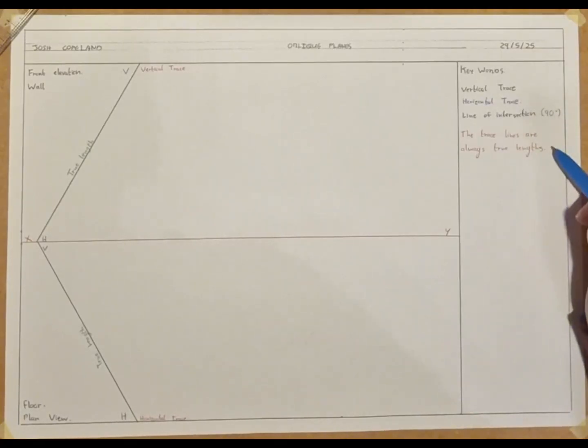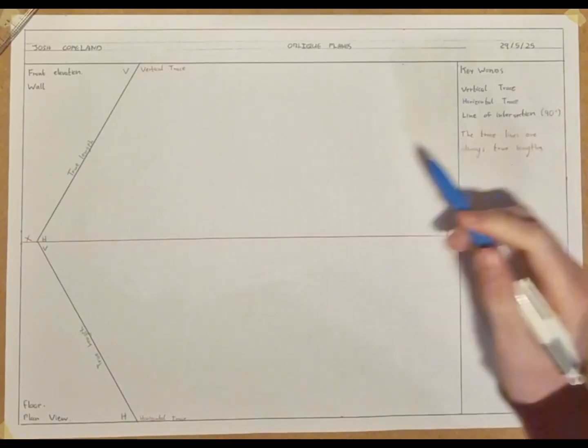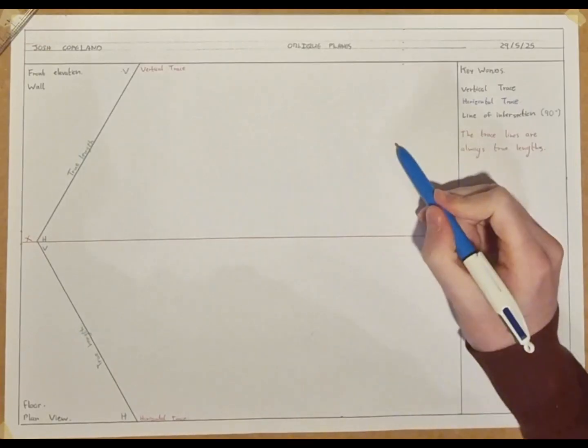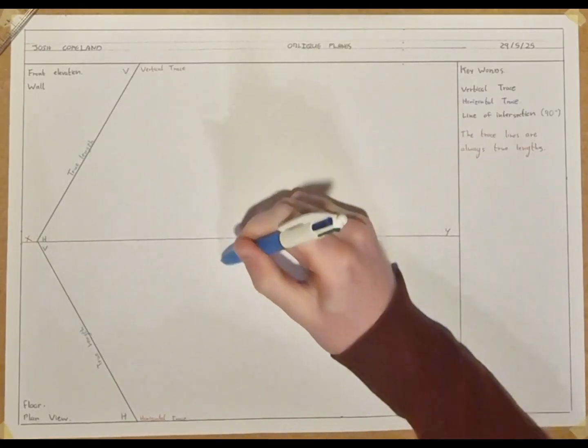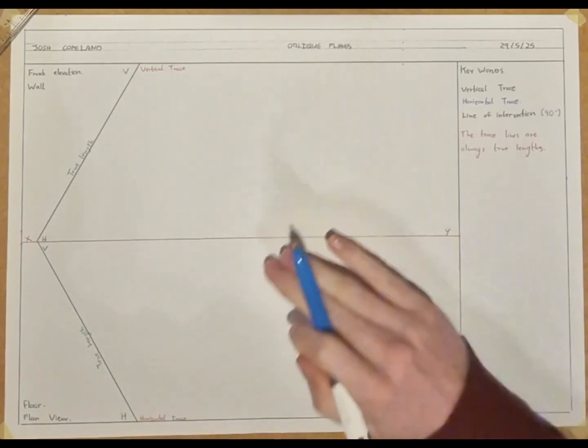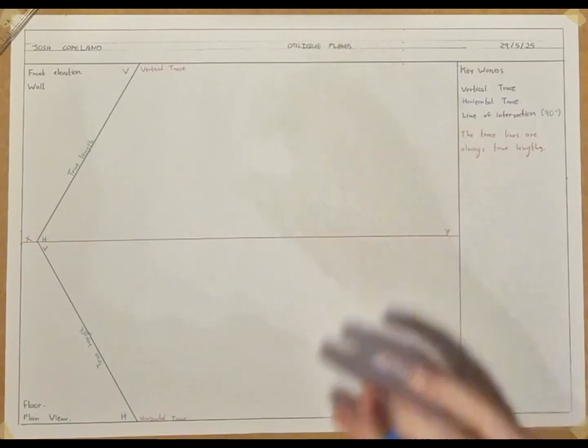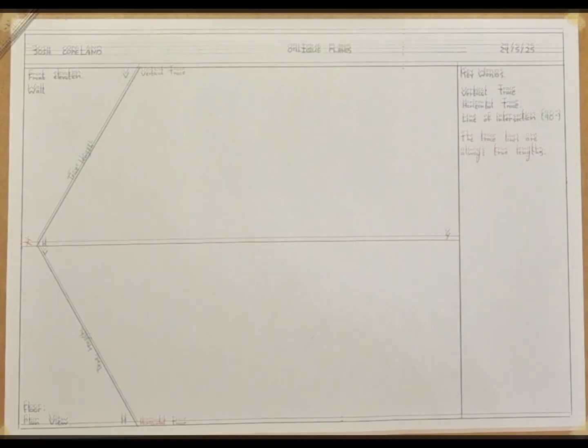That is one of the golden rules when it comes to oblique planes. If you have a vertical trace going off in this direction and a horizontal trace going off in this direction, they are going to be true lengths. Always. They will always be true lengths.